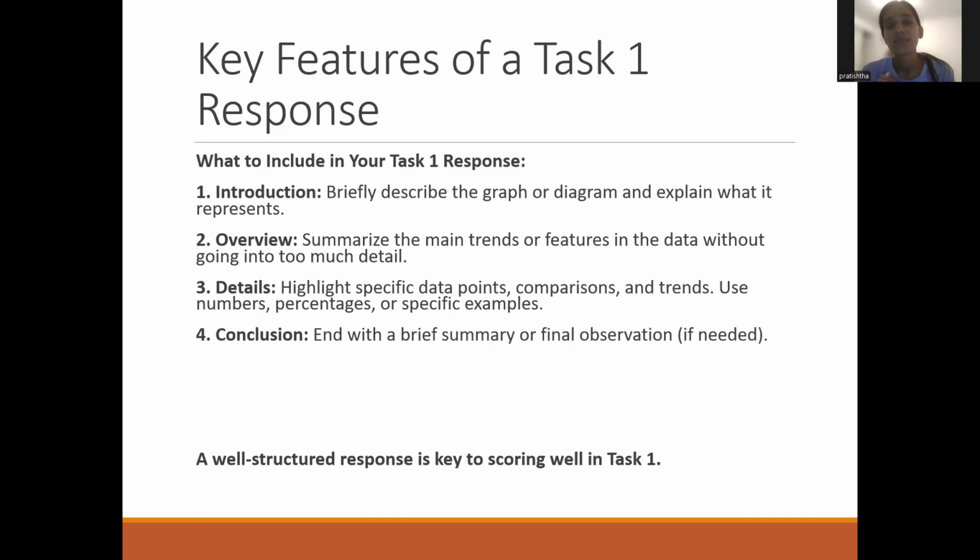Then you need to highlight specific data points. You need to make comparisons, and you need to analyze the trends. Use numbers, use percentages, or give specific examples. And then finally, you need to end with a conclusion, of course, right? Conclusion can include a brief summary.